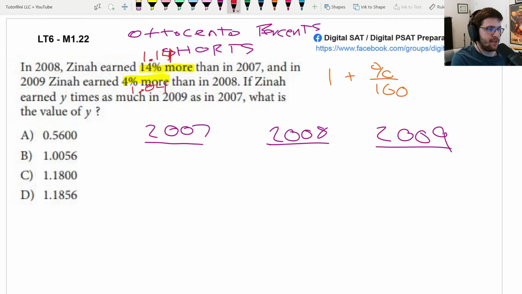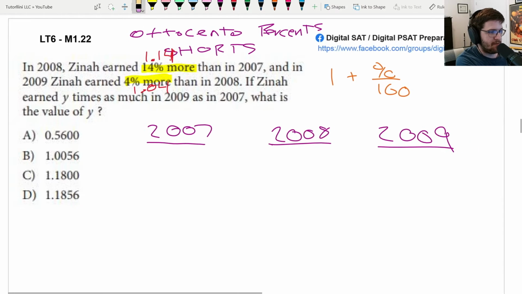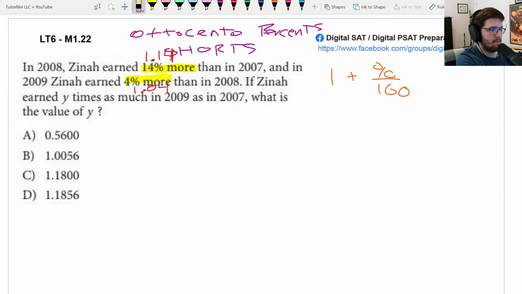And let's say in 2007 we started with... I don't even need this table. This isn't even important. Let me get rid of this. So original times percent multipliers equals final.